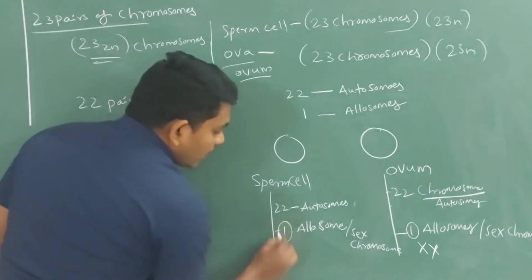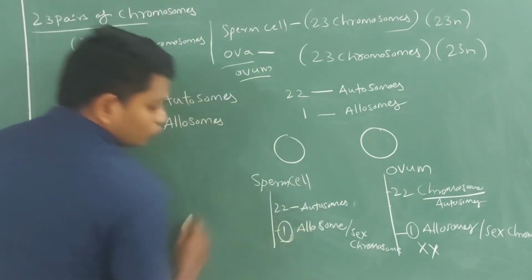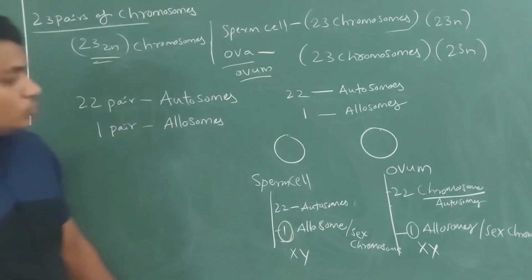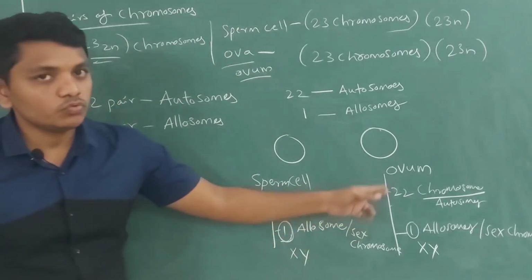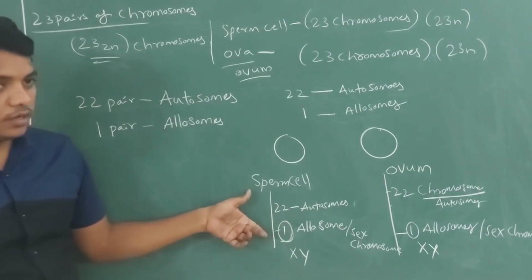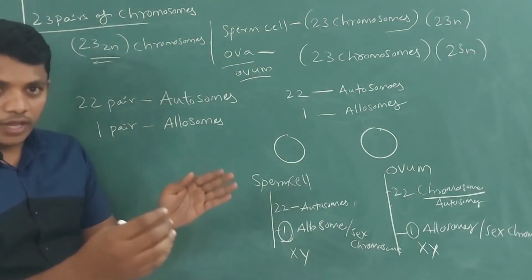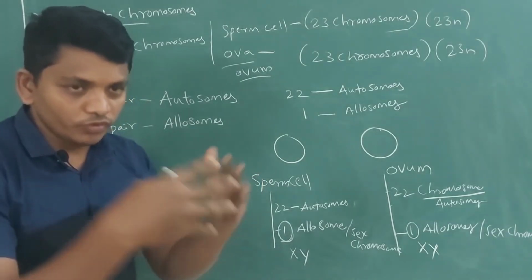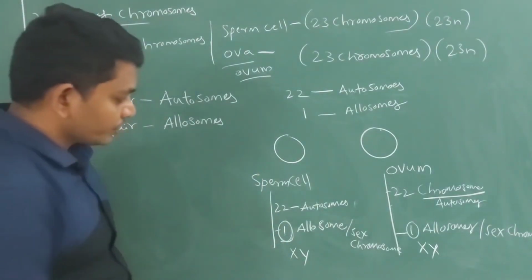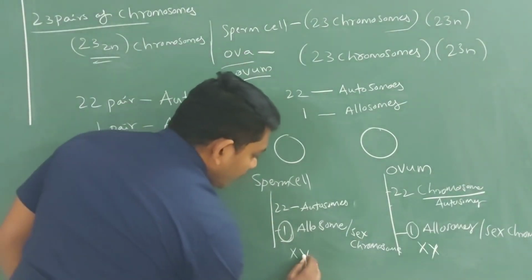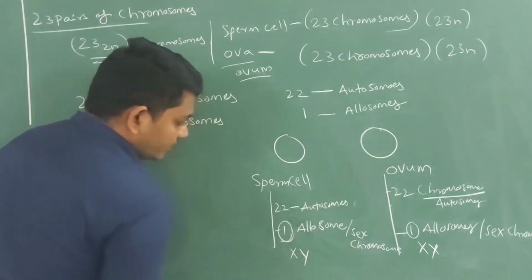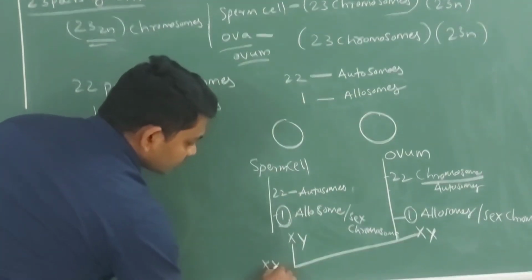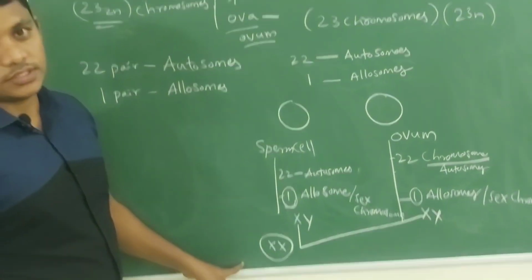So this allosome can be seen like this: X and Y. So in the ova there are 23 chromosomes, and in the sperm cell also 23 chromosomes. When the ova and sperm cell fuse, then the baby will come like this. If an X allele combines with X, XX, a female baby will come.